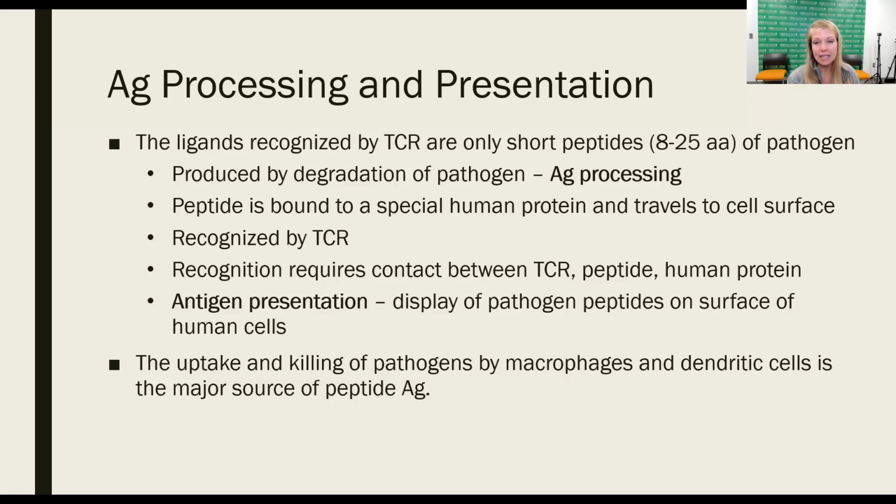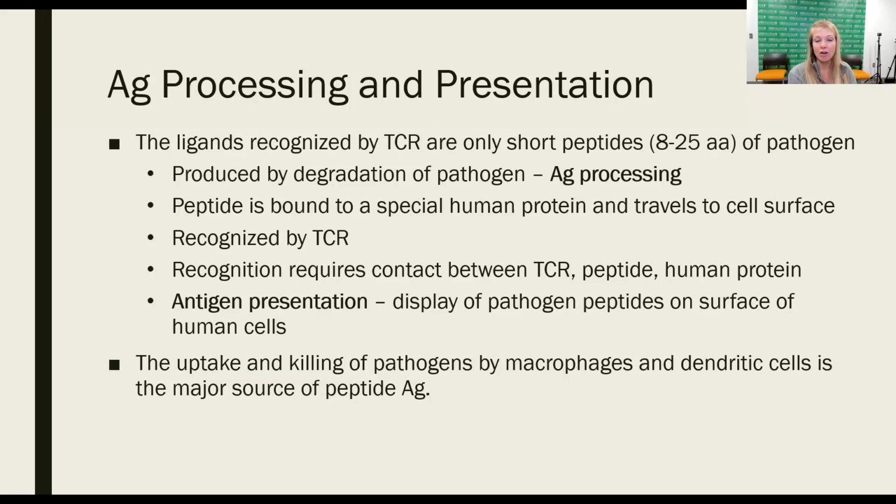And T cell receptors can only recognize tiny little peptides, short peptides, maybe 8 to 25 amino acids long, of a pathogen. They're not going to recognize a whole piece of a cell. They're not going to recognize any carbohydrates. They're only going to recognize peptides.